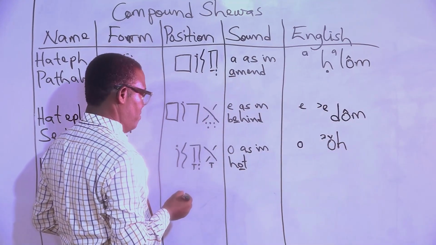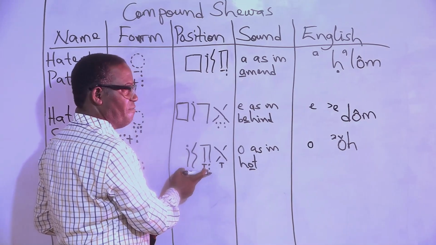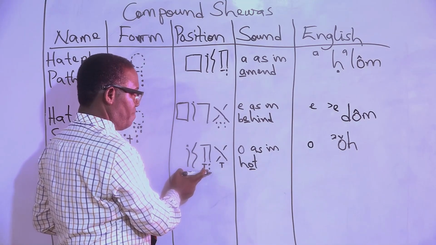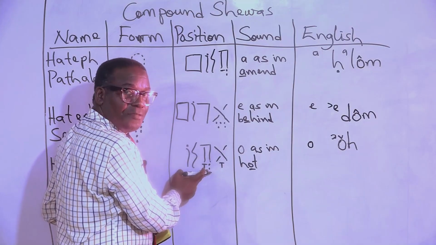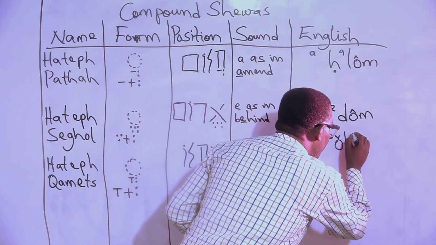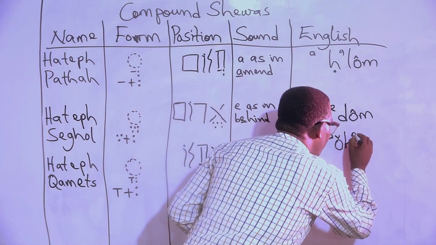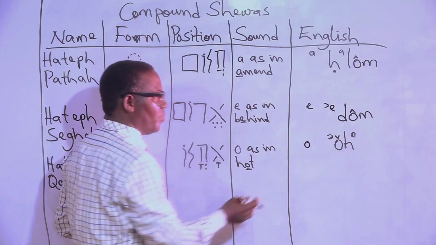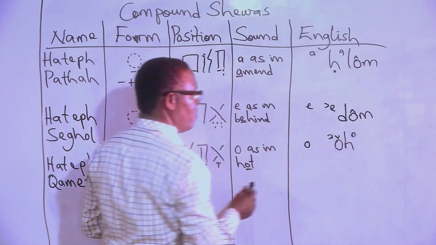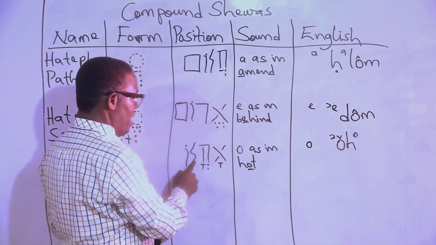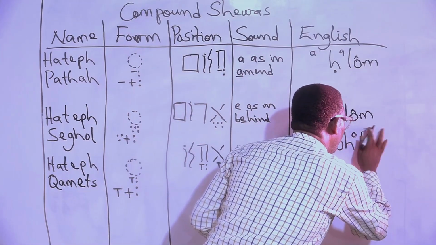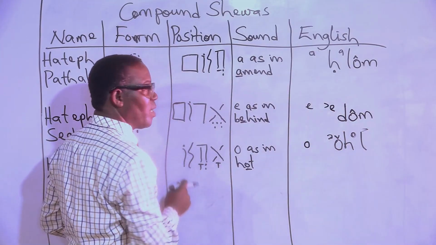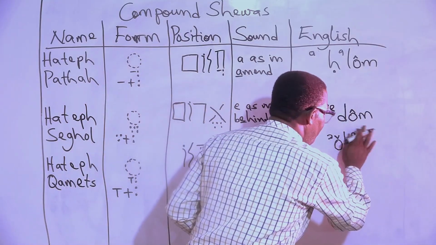We have it, and below it the vowel is Hateph Kamets, which is a half vowel. The half vowel will now be written small to show that it's half. O. Then we have Lamed, and then we have full Holem.